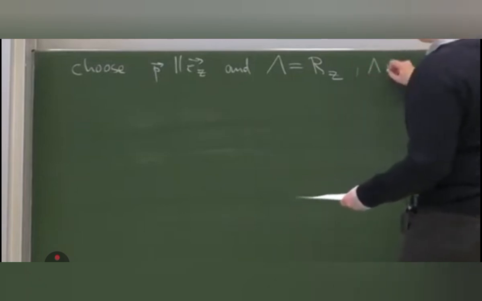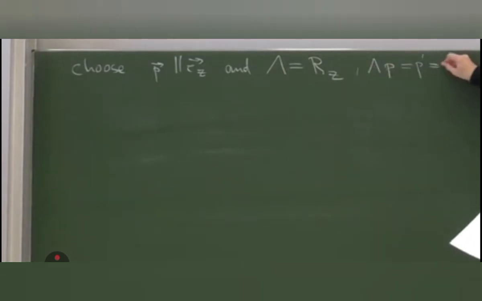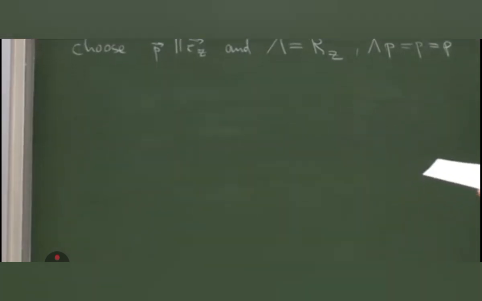Then we know a Lorentz transformation of our 4-vector P gives us in general a new 4-vector P prime. But in this case, if you rotate a vector which is in the Z-axis around the Z-axis, the vector stays the same. Therefore, in this particular case, lambda P is equal to P itself. The whole 4-vector stays unchanged. So this Lorentz group is an element of the little group in our language that we introduced some time ago. So let us consider such a Lorentz transformation in the little group.